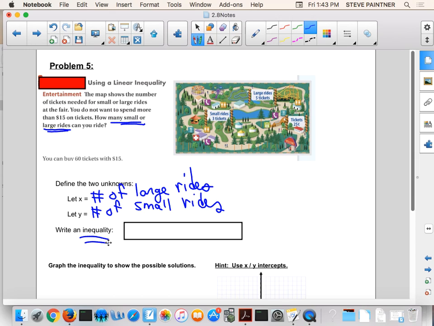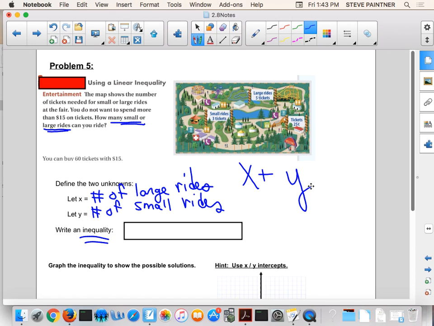How many large rides can I jump on? X. I can jump on this many large rides plus how many small? Y. That's how almost all problems start: X plus Y or something like that.